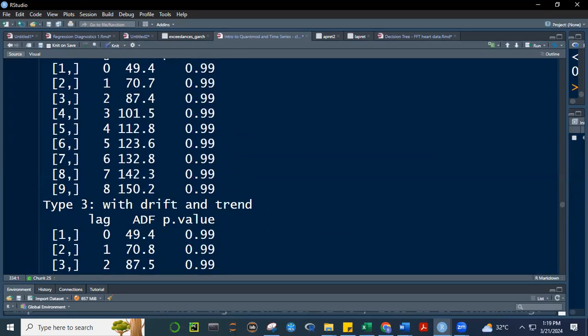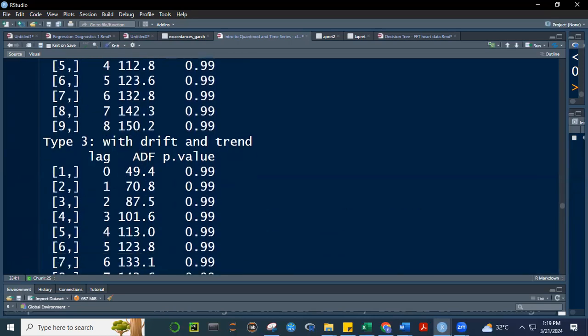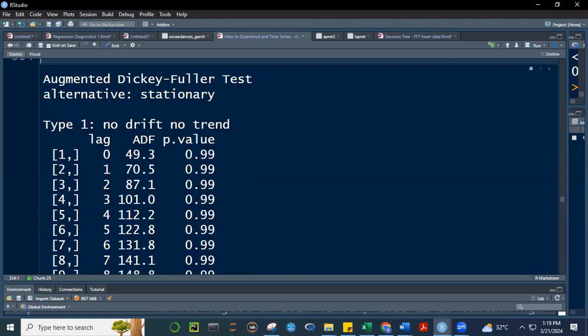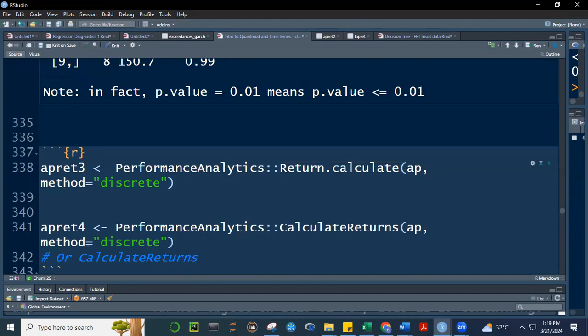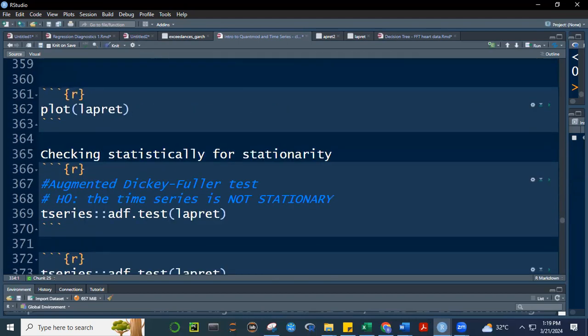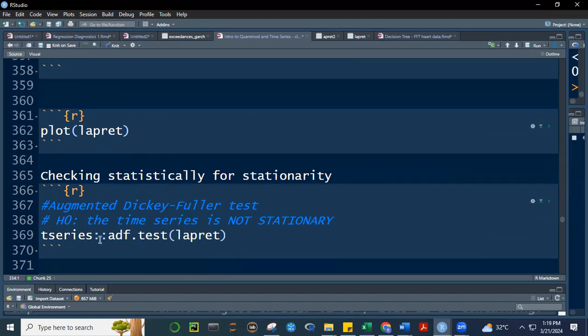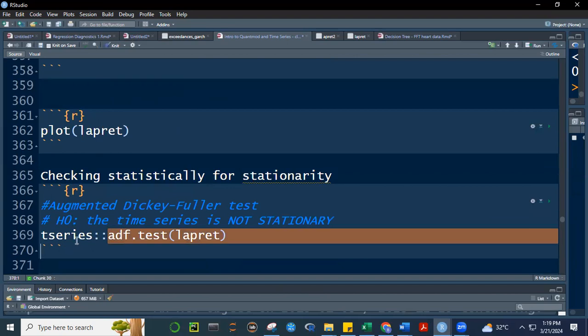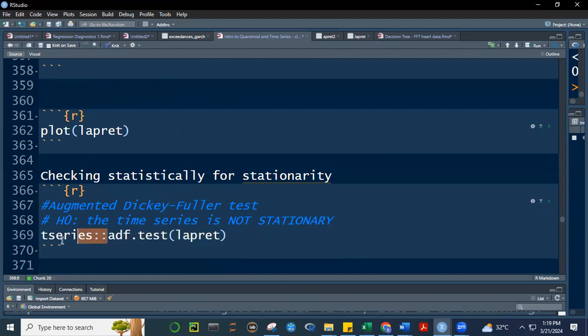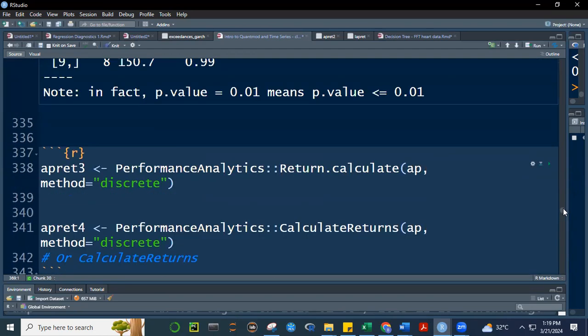All right, anong ADF test dito? Let me use the ADF na, kasi maraming ADF test, no? Let me use the ADF test coming from the tseries package.